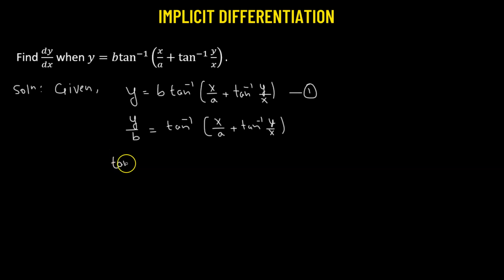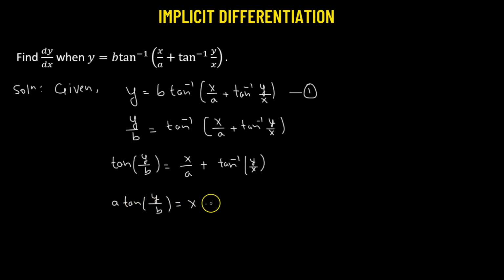So we have tangent of y over b equals x over a plus tangent inverse of y over x. Right. Now we'll multiply throughout by a. This gives us a times tangent of y over b equals x plus a times tangent inverse of y over x. So we have simplified equation number 1.